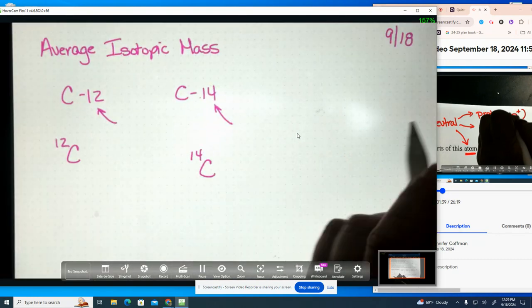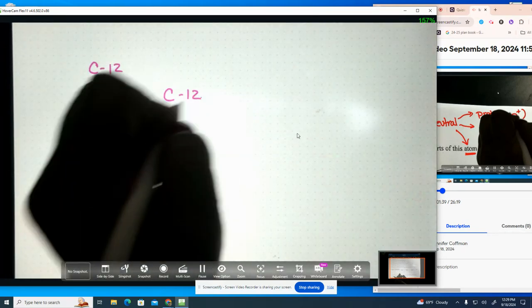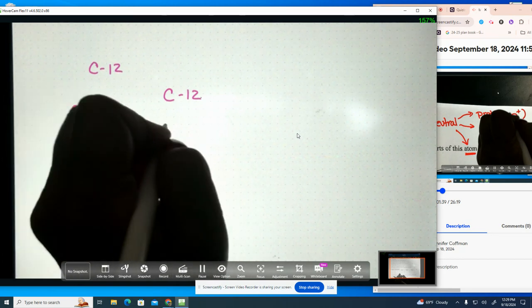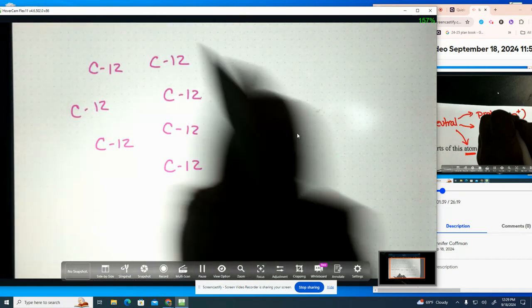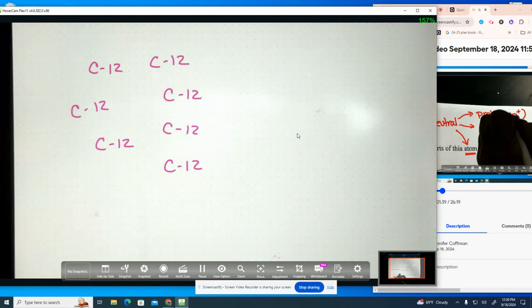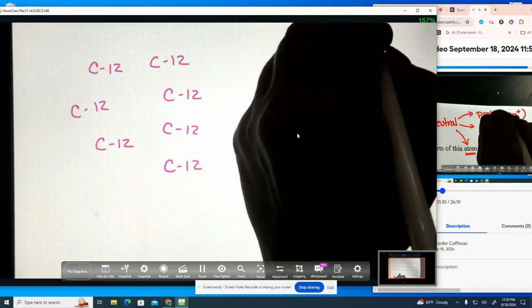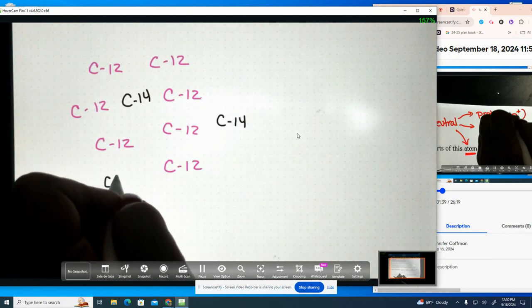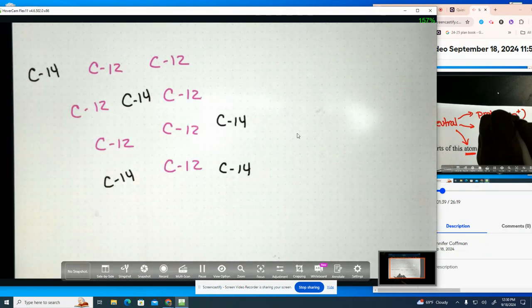So let's say we have a bunch of carbon 12s. Carbon 12, carbon 12, carbon 12, carbon 12, carbon 12, carbon 12, and one more carbon 12. How many is that? 7 carbon 12s. And I have some carbon 14s: carbon 14, carbon 14, carbon 14, carbon 14, and carbon 14.